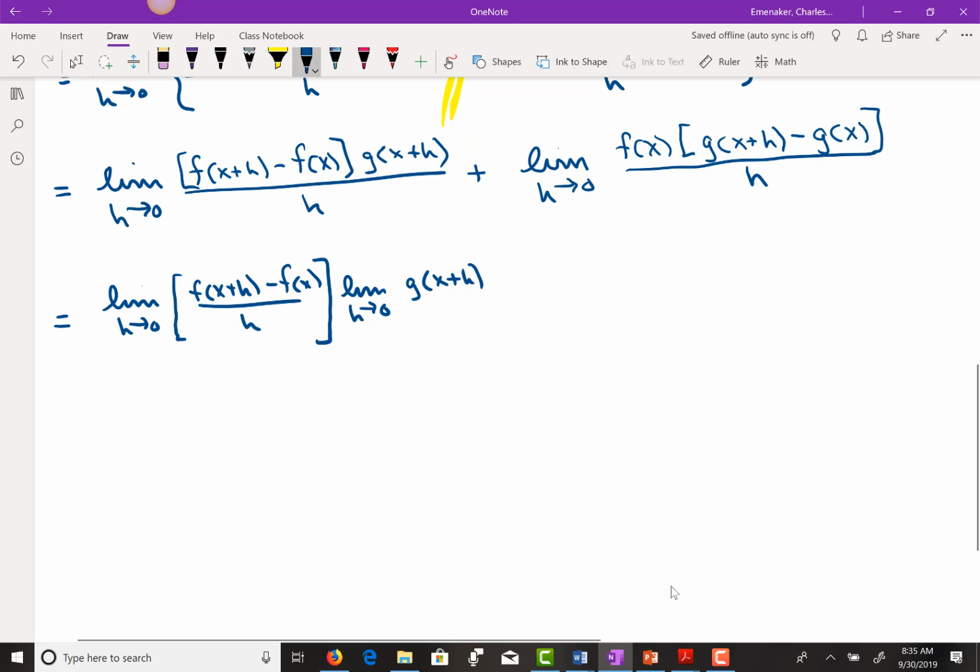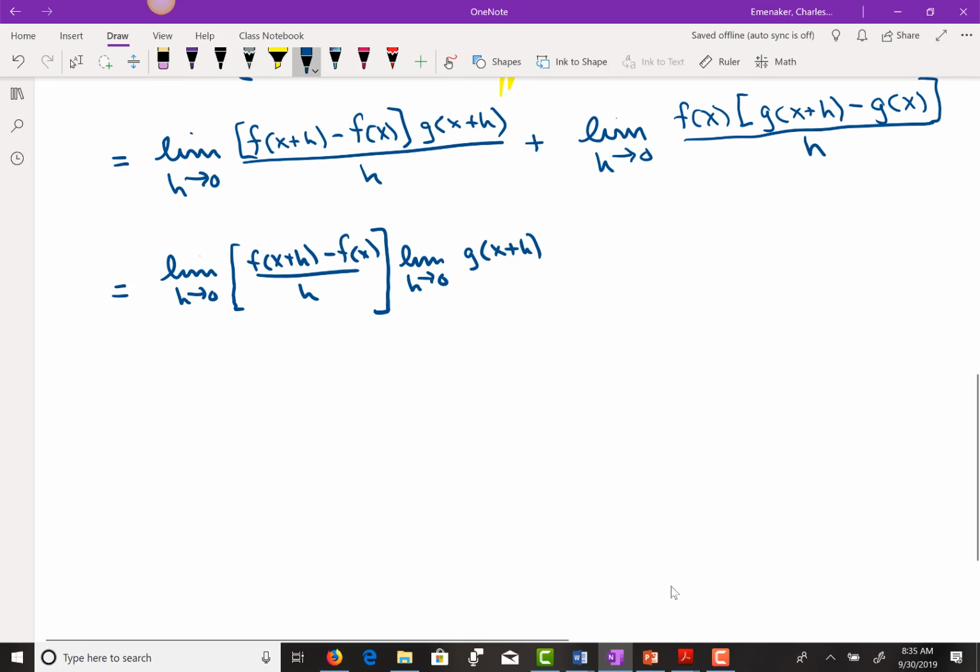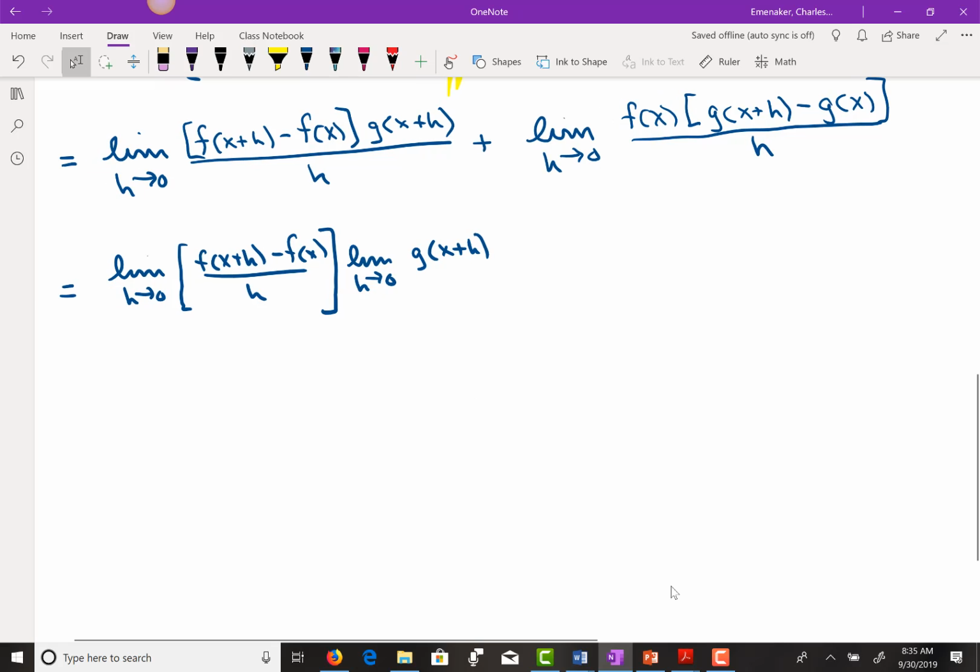We're going to do that same move on the second term. So this is going to be plus the limit as h goes to 0. On this, I'm going to use that first, the f of x.